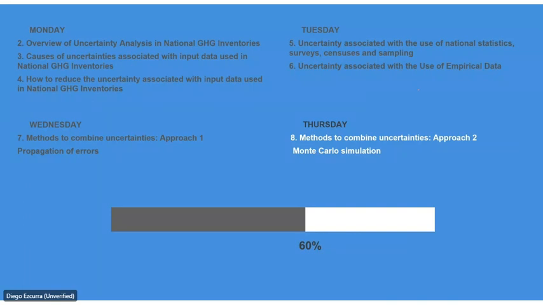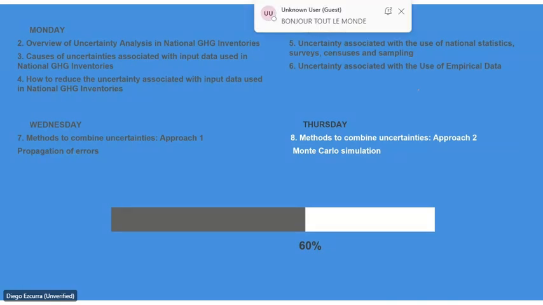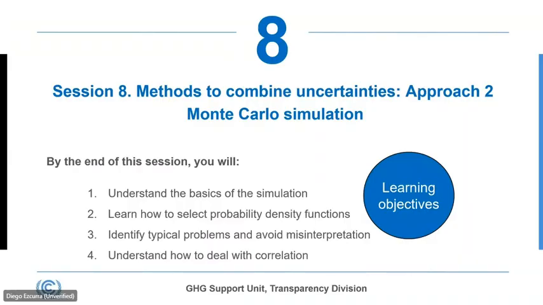Okay, so now we can start with today's session number 8, with Monte Carlo simulation. Today we will understand the basics of the simulation. We will understand what is Monte Carlo simulation, how can we use this technique, and why this is very useful.